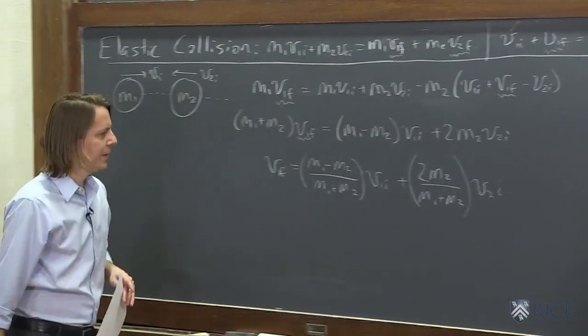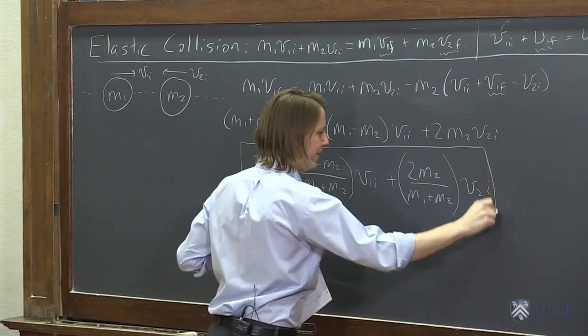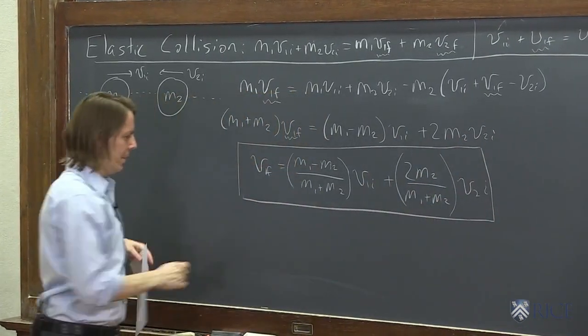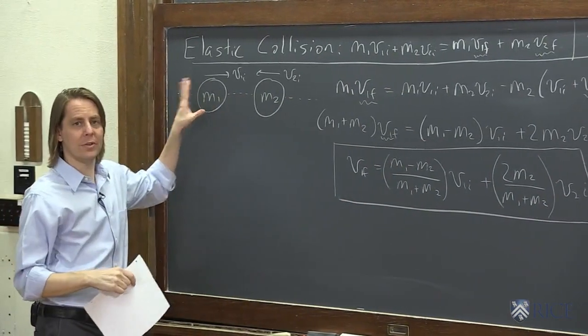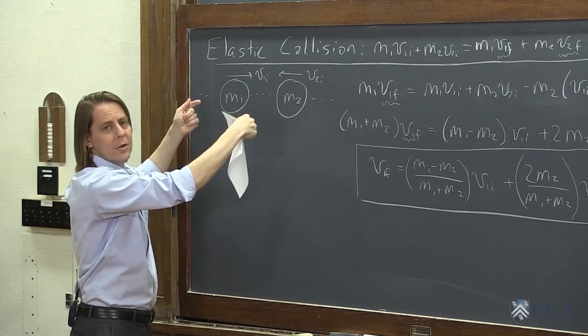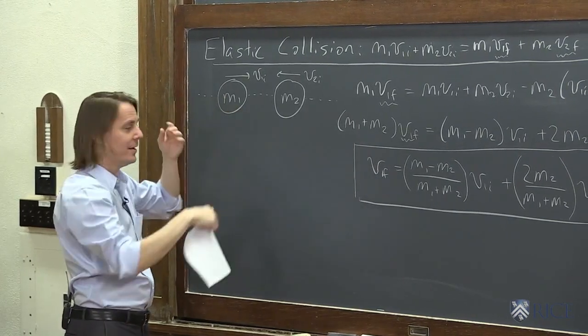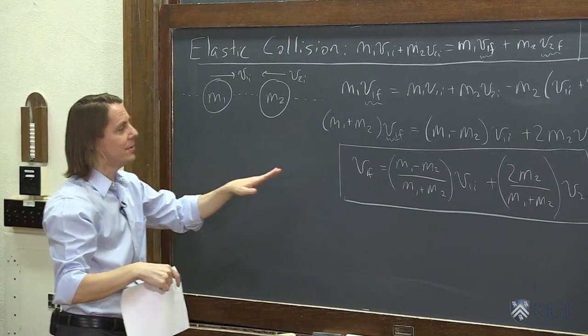And this is the general solution for how fast mass 1 will go in this collision, no matter what the values of V1I and V2I are, or how fast they're initially going. They have to be going in a way where they will actually collide, right? They have to actually be heading towards each other. But that's how you get it.